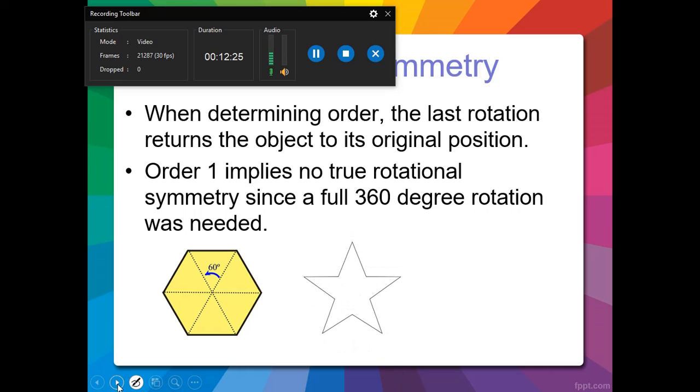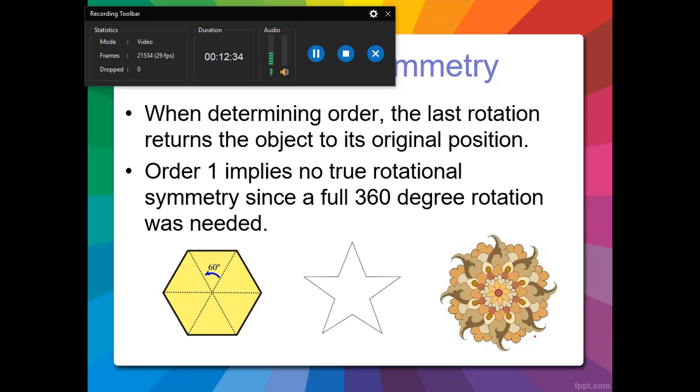All right, we've worked with both of these objects. We know that they have order 6 for the hexagon, order 5 for the star. We know how many degrees of rotation. This object, while it looks a little bit strange, has identical images as you count. I'm counting all these curly tips, and it appears that there are 8 of them. So we do have rotational symmetry. We can anchor it right here in the center.